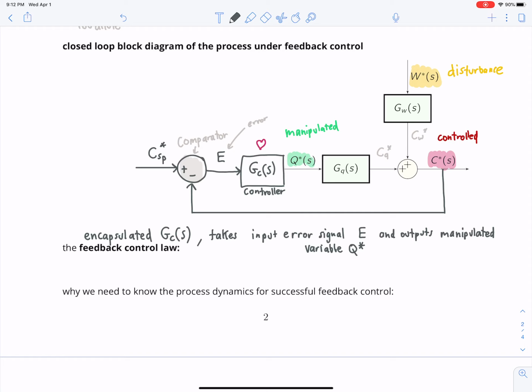So in words, it specifies how to change the manipulated variable based on the error. And it can be a function of the history of the error as well, not just the current error.